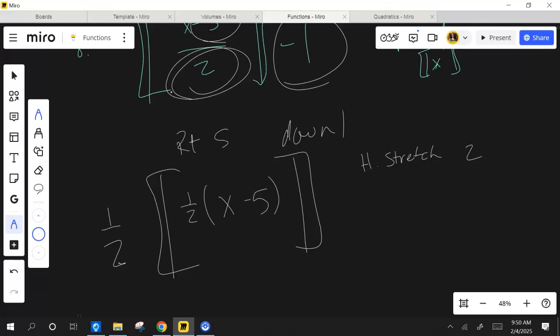All right, what else in your homework? 15. 15 says, I've got this function, 2x minus 5 squared plus 3, reflected across the y, then translate. So I take this and I'm doing these transformations. The first thing I do is reflect over x, which means, nope, it says reflect over y.